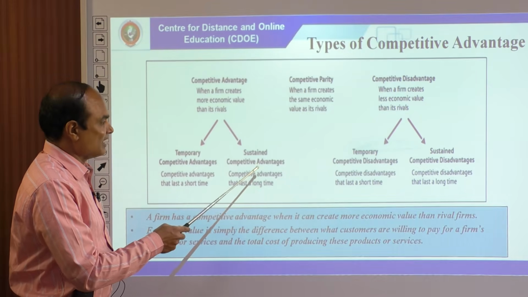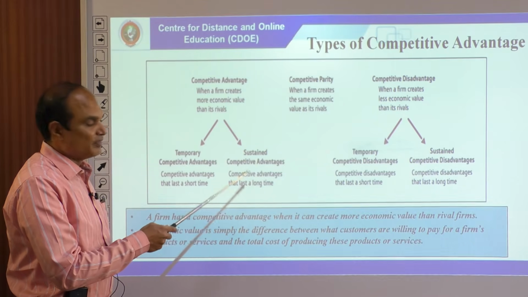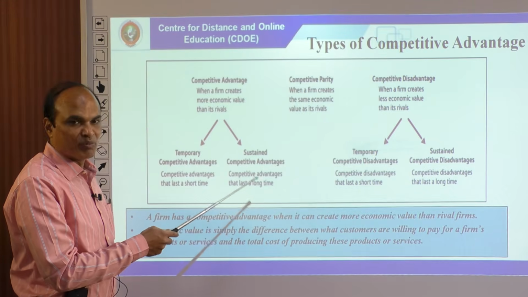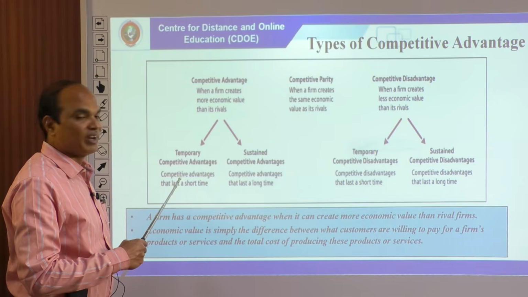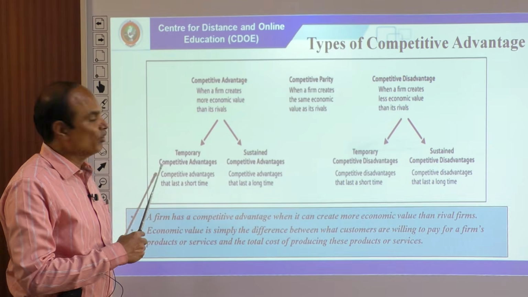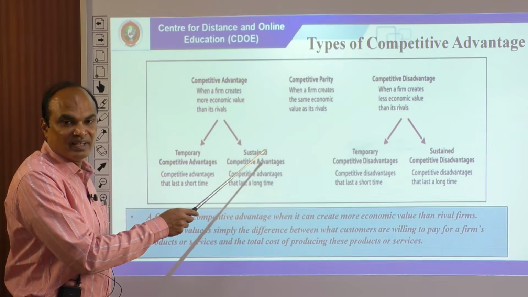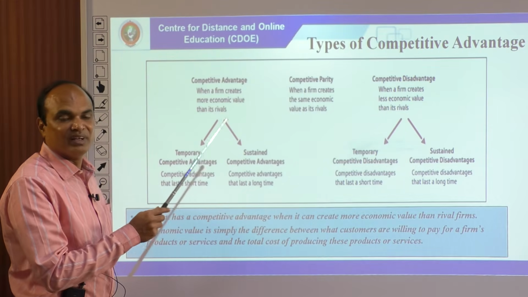And if a sustained competitive advantage company is not in a position to innovate and offer differentiated products, it might come down to a temporary competitive advantage. So all these advantages, in the long run, are temporary only.